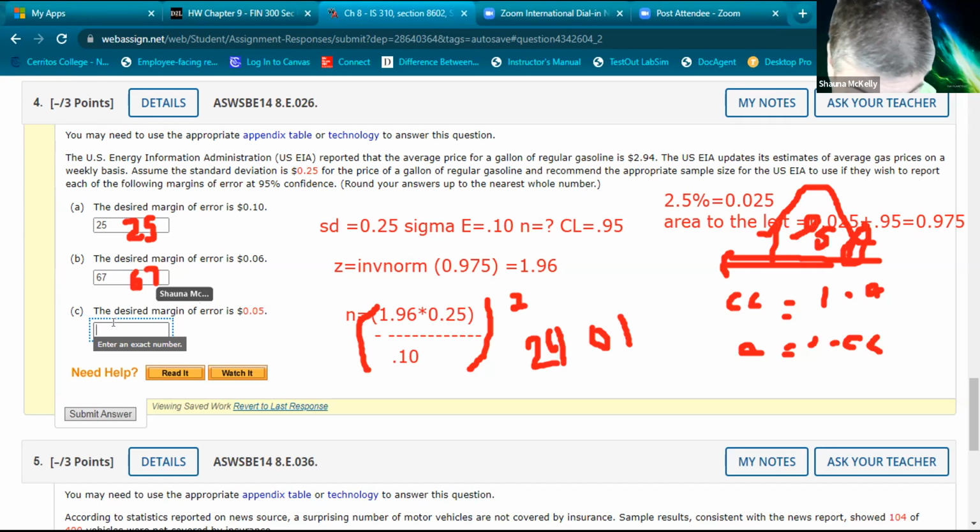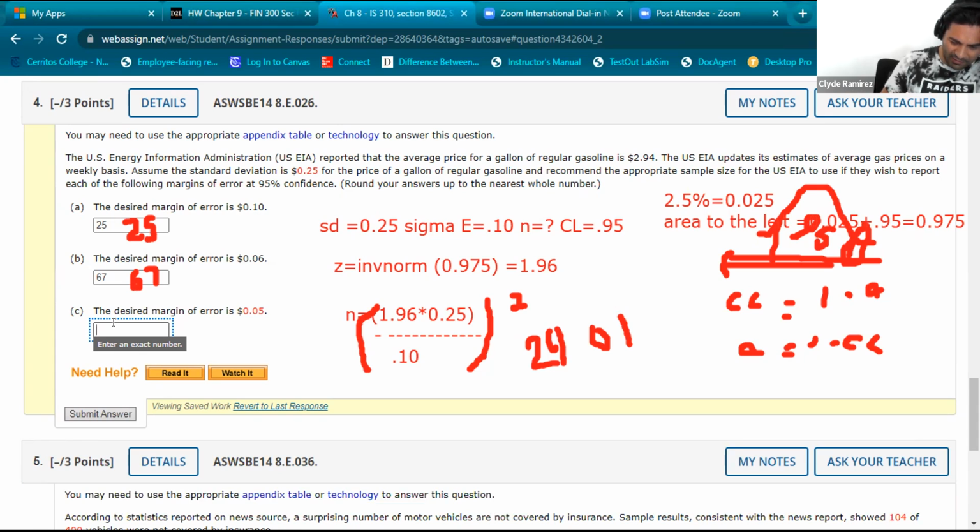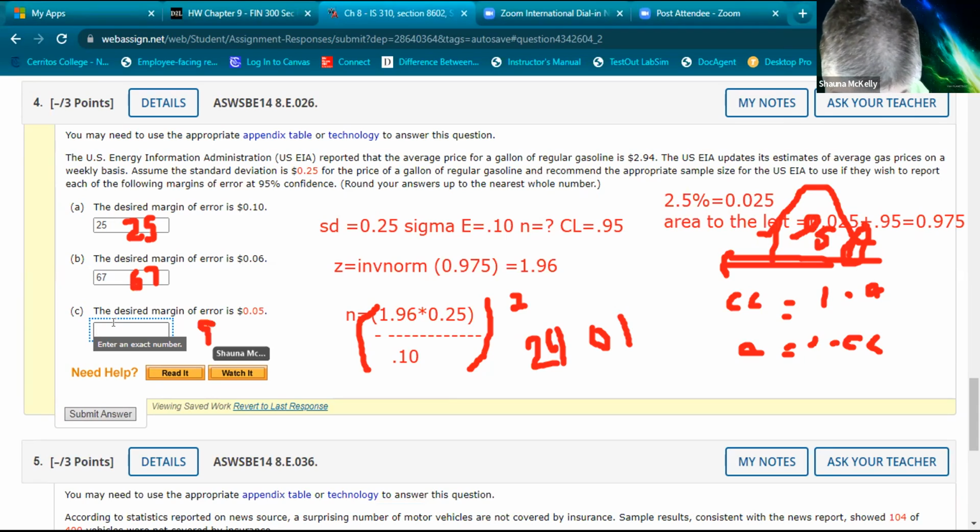How about the next one down here, part C? C, the numerator would be 1.96 times 0.25 over 0.05. Okay. And what do you get when you do that? 0.49 divided by 0.05 is 9.8, and then square that.